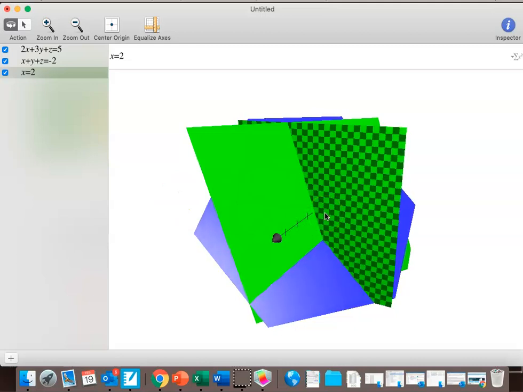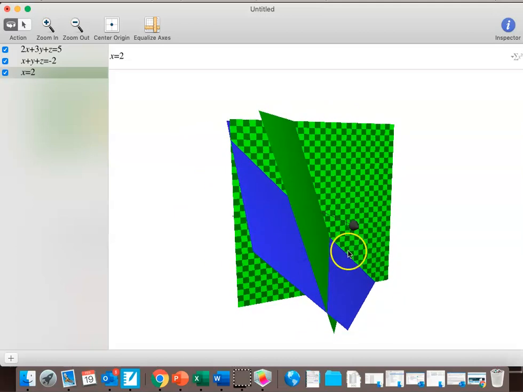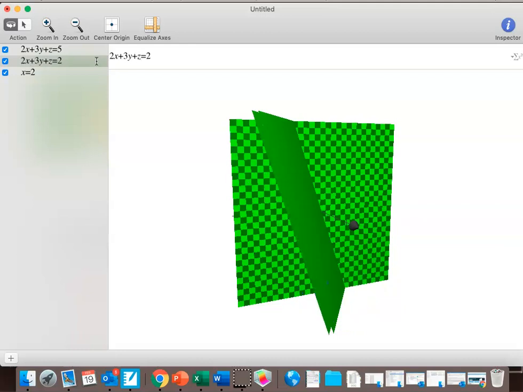More than 1 point? Good question. If you have a system of 3 equations with 3 unknowns, they're either going to intersect at 1 point, or let's change this one. I'm going to retype this. So 2x plus 3y plus z equals 2.